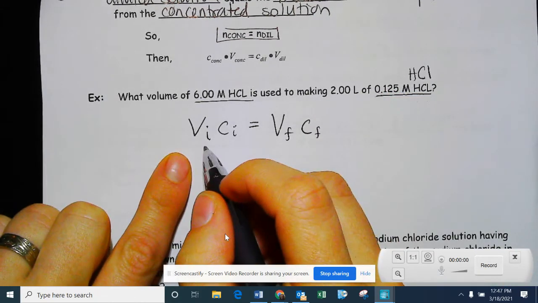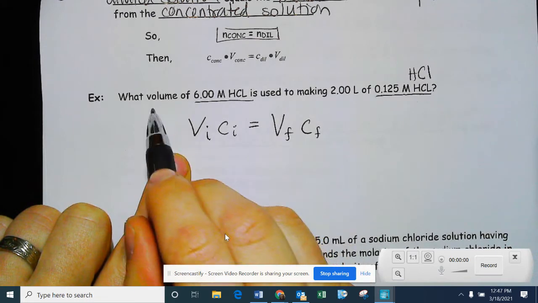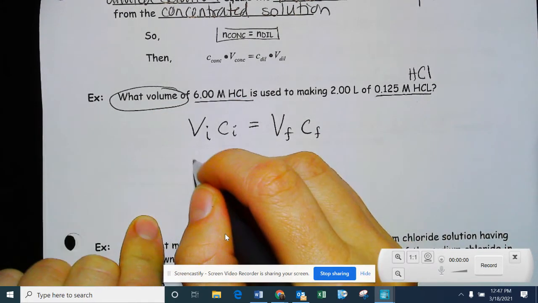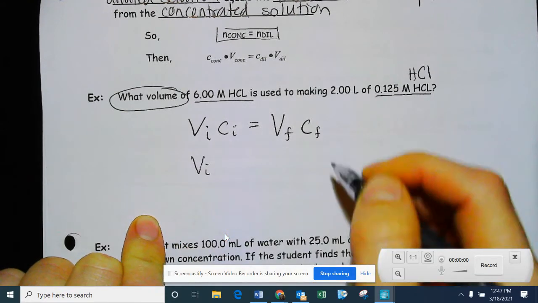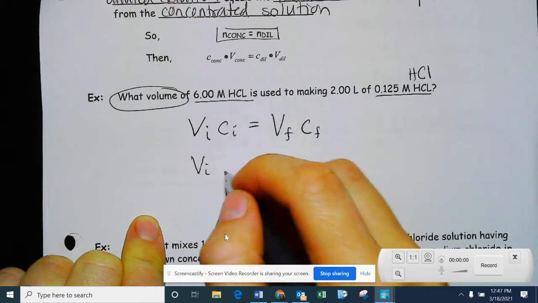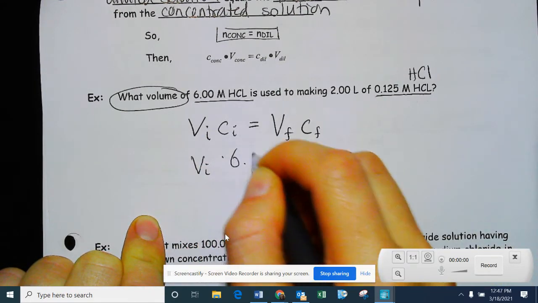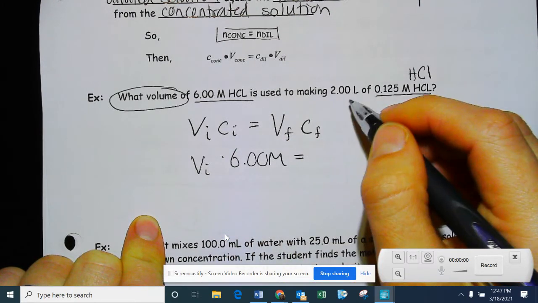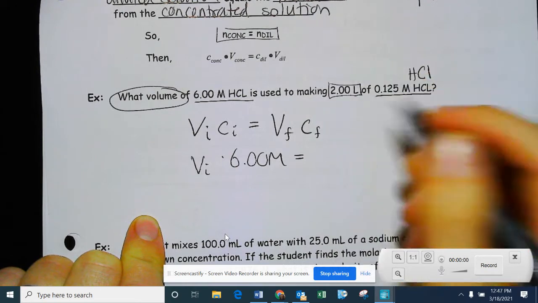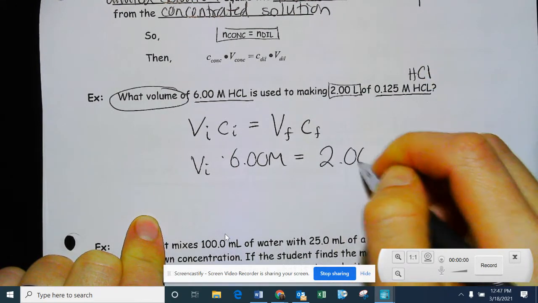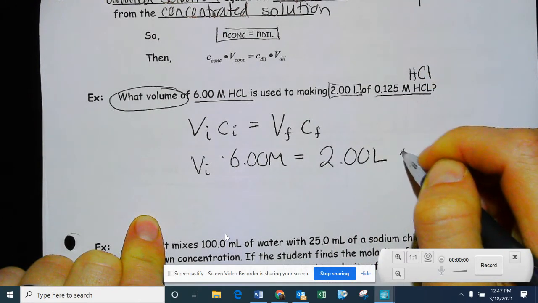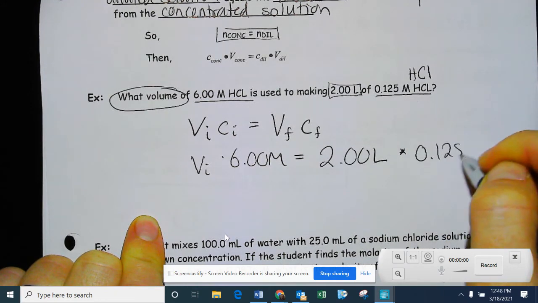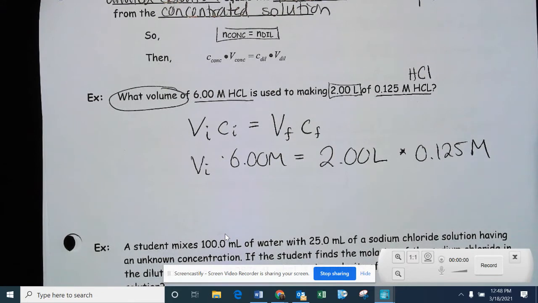And what I'm doing now is my initial volume is my unknown. I want to know what volume. So we'll leave that like it is. My initial concentration, 6.00 molar, equals my final volume. I want to make 2 liters. And I've got 0.125 molar as my final concentration.